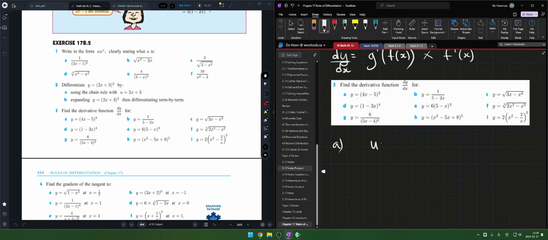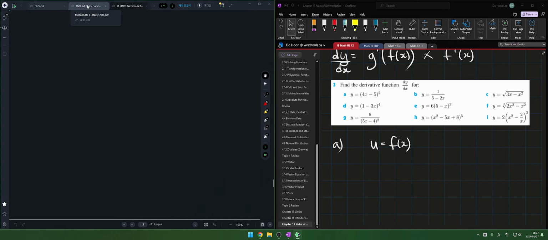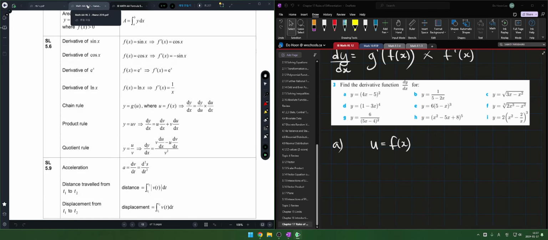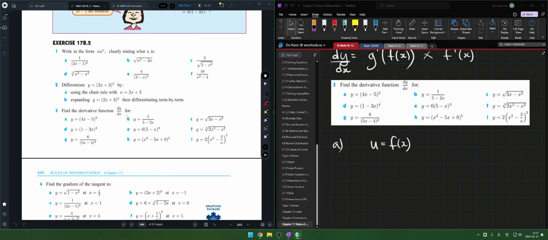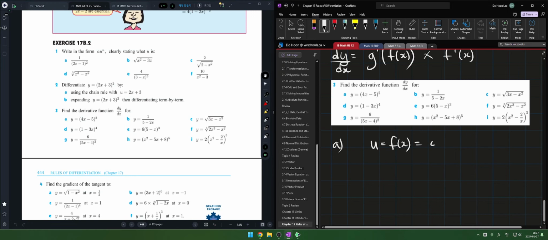I'm going to say that u equals f of x, which is 4x minus 5. If u is 4x minus 5, then what is g of u?